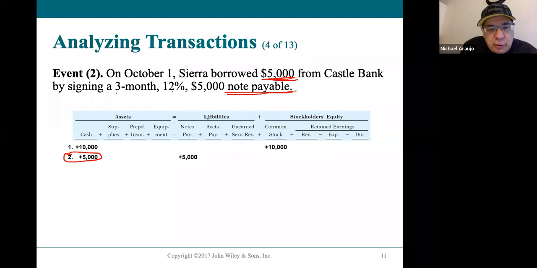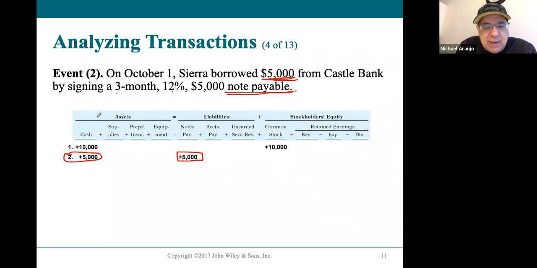But if you also notice under liabilities, the company also has more debt, right? They have $5,000 more of notes payable to pay. So those 2 accounts are affected by this transaction, okay? More cash, more debt to pay in the form of a note payable.